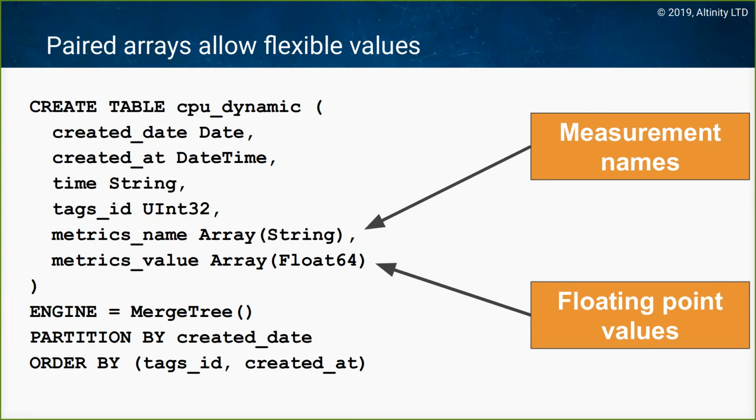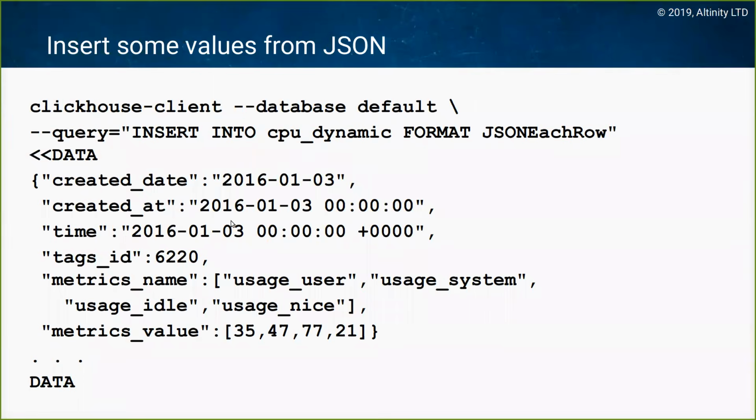For example, ARM versus Intel versus AMD. And so we'll have the metrics names, and then we'll have matching values in an array of floats. And what this now does is it allows us, it doesn't matter what comes in, we'll basically be able to read it. So here's an example of where we insert values from JSON.